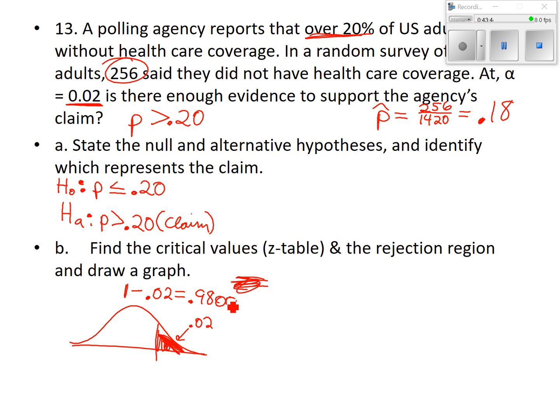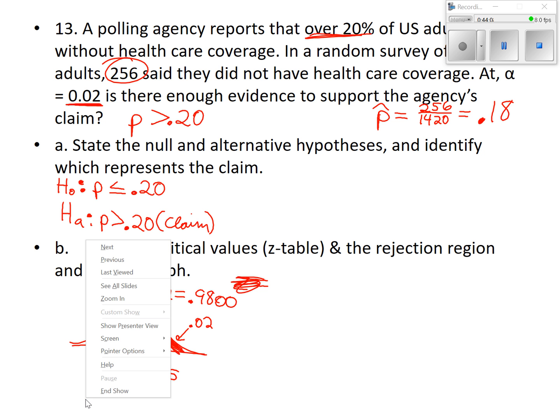What's that Z score? 2.05. So that's our critical value, that's our drawing. We all right to go on? Yes.